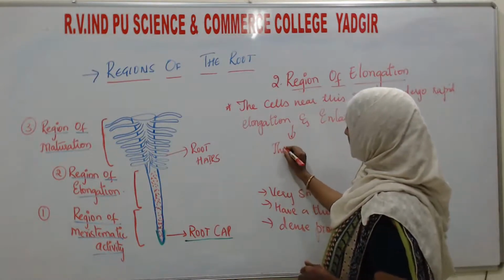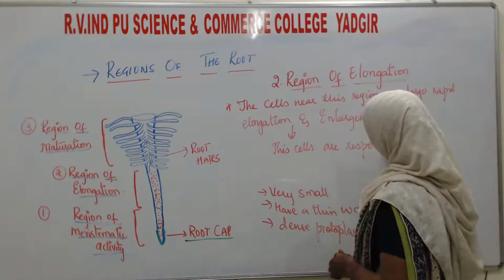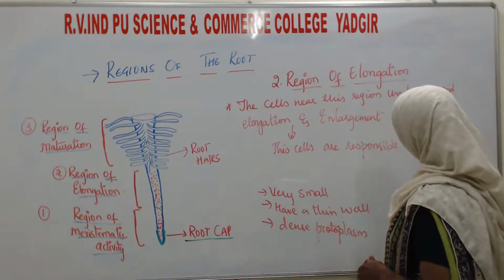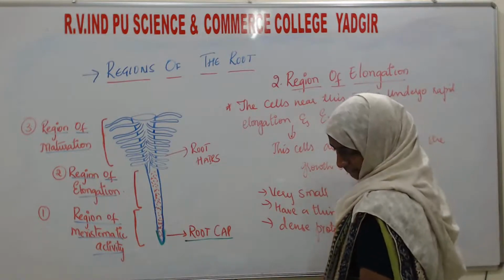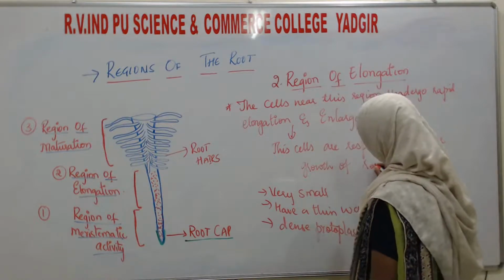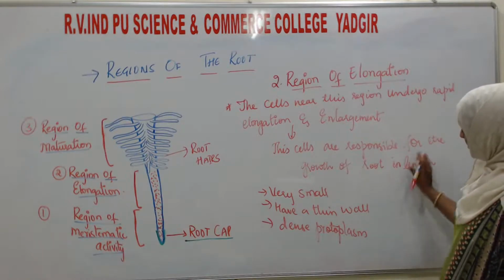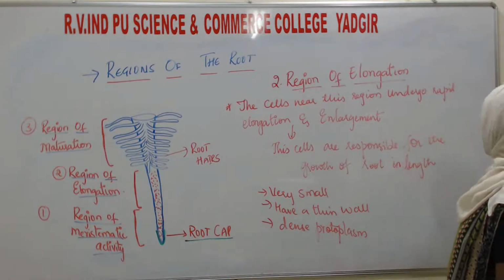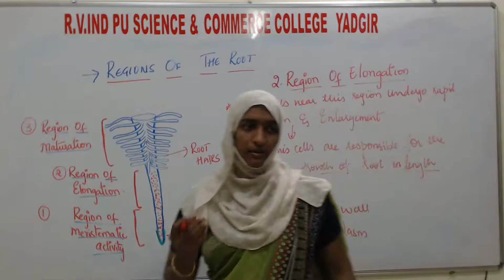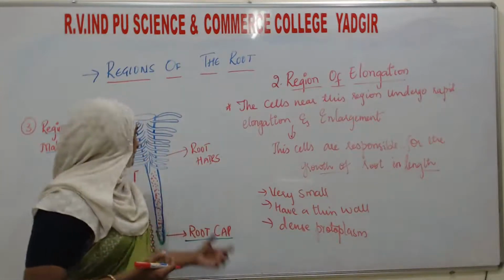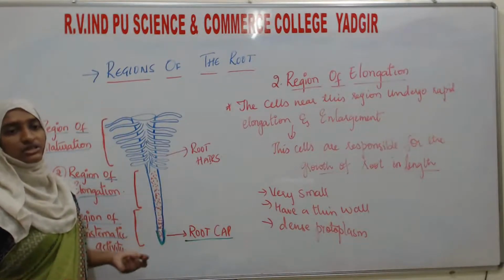These cells are responsible for the growth of the root in terms of length. Whatever growth of the root in length is there, that is due to the meristematic cells present in the region of elongation, due to which you can see there is an elongation in the root.